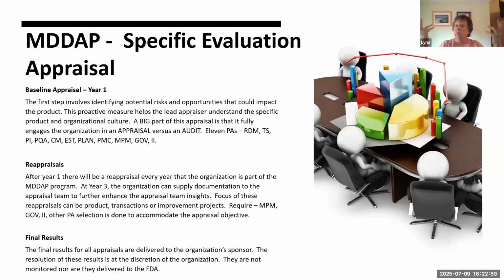So on a reappraisal, after we've baselined and both those sites are in the program, we might look at one site and do an appraisal on them as senders, and then do an appraisal on the other site as receivers. Wonderful way to identify, are you meeting expectations? Do you understand what the sender really is asking for? Are you getting what you need from the receivers?